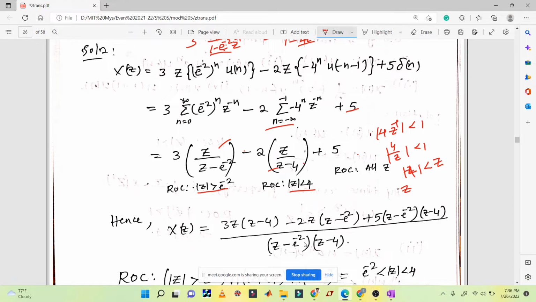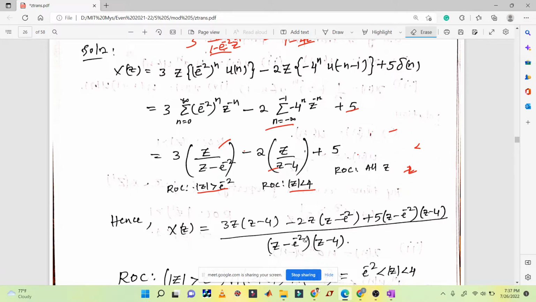Yes, there was a mistake. In this problem, the answer is directly given, that's why we were not able to rectify it. In this, if I substitute m equal to minus n, what will happen? Directly it will be summation m equal to minus infinity to plus infinity of 1 minus 4 to the power minus m z to the power m.